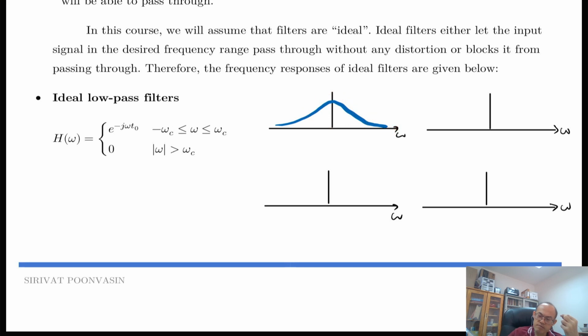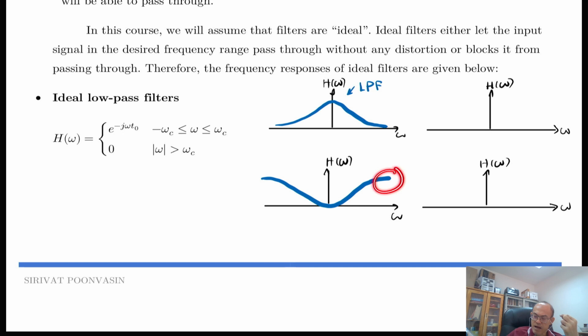So this is the frequency response of a low pass filter. But if the response looks like this, you see, it passes through high frequencies while it attenuates lower frequencies. So this is the graph of a high pass filter.